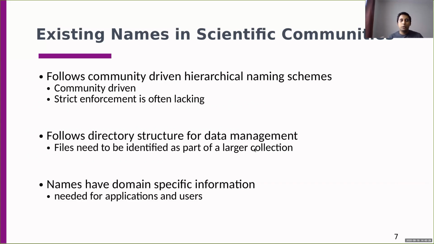So though we can have a name that is just an alphanumeric string, all the scientific communities we have worked with have named their data in a way that allows them to look at the name and tell what kind of data is in that particular file, maybe where it was collected, how it was generated, and so on.